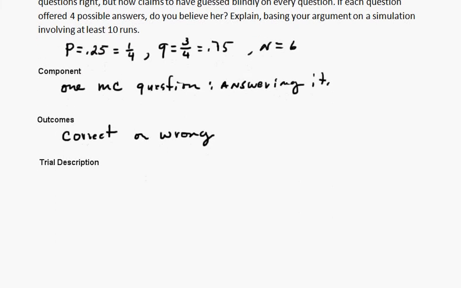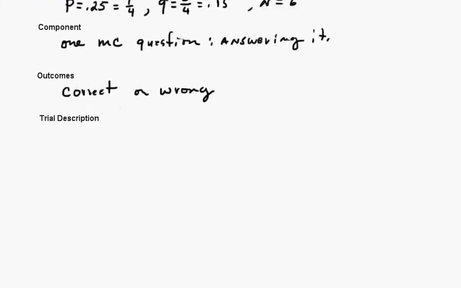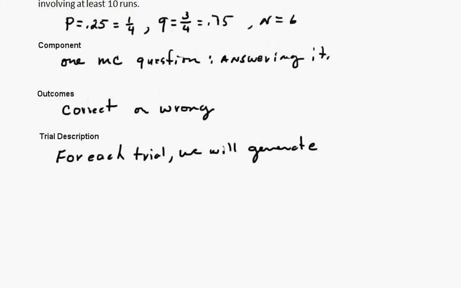Okay, so let's see if we can describe how we would do a trial. So for each trial, we will generate, and I think once again we have to model 1 out of 4. Okay, so we have to model 25%. So we can use that with single digit numbers, and I'll explain why in a minute.